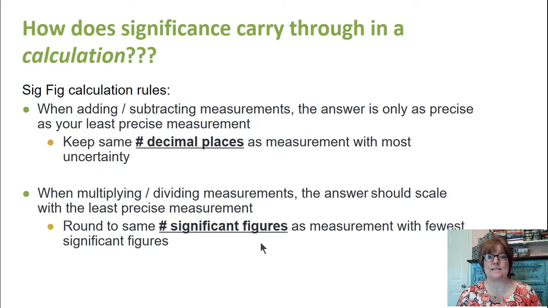Instead, I'm going to go by quantity of significant figures. How many significant figures does my least precise measurement have? So I'm going to count the number of significant figures in all of my measurements in the operation and then round it to the one with the fewest number of significant figures.